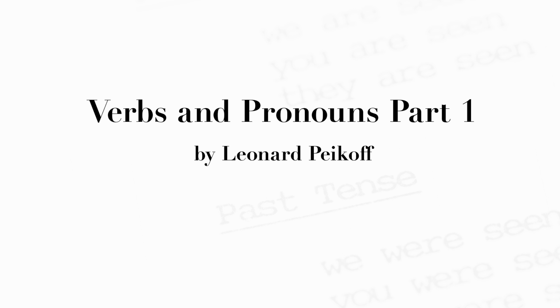Now, I've already briefly indicated this a few lectures ago, but let's start from scratch. A participle is a verbal adjective. It's an adjective derived from a verb. Therefore, it has some features of an adjective and some of a verb.